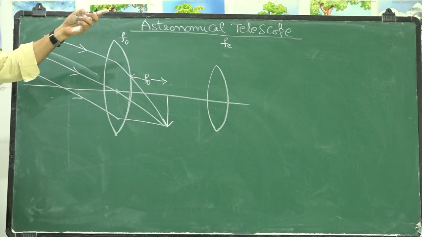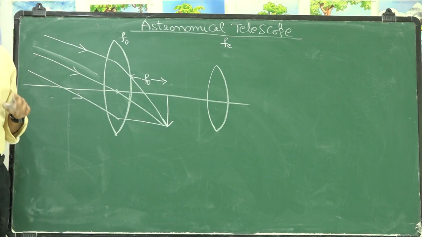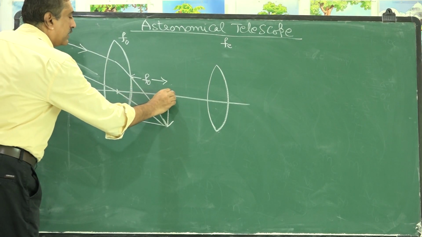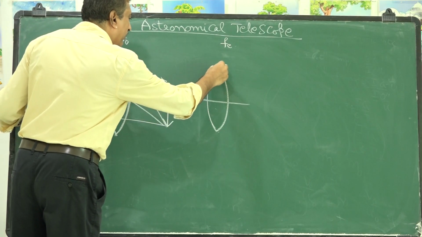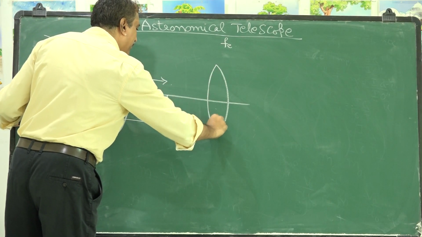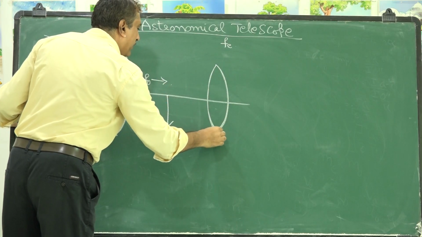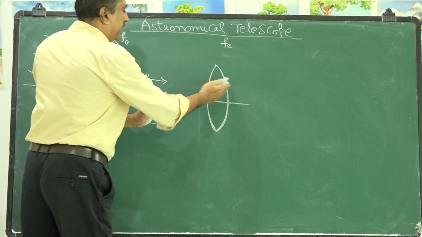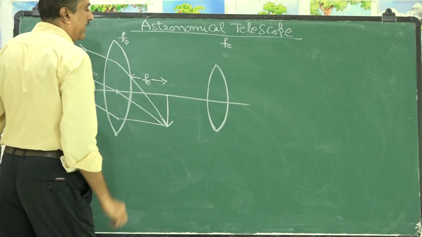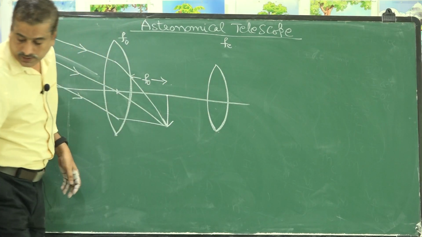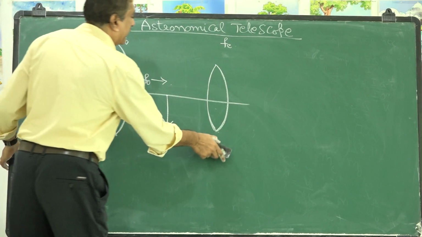So, when the object is at infinite distance, the image is formed at the focus of this objective lens. Now, if we adjust this eyepiece such that this object is at the focus of this particular eyepiece, then the image is formed at infinity.